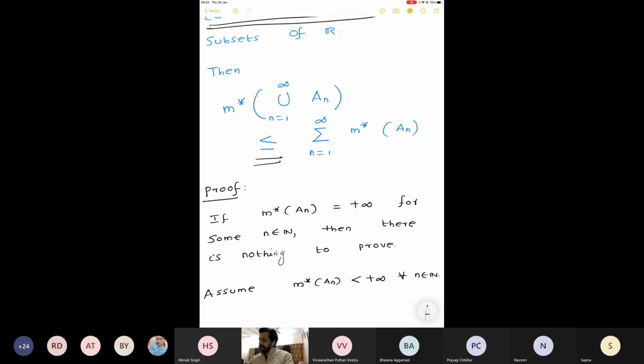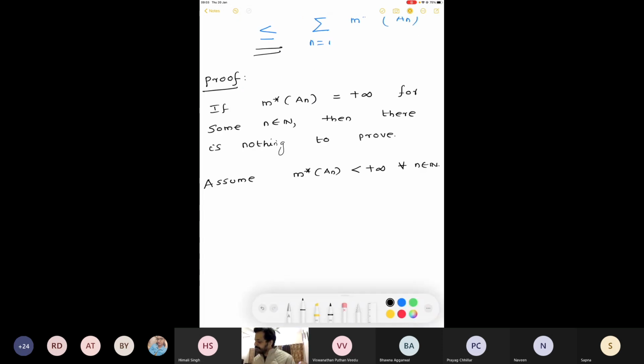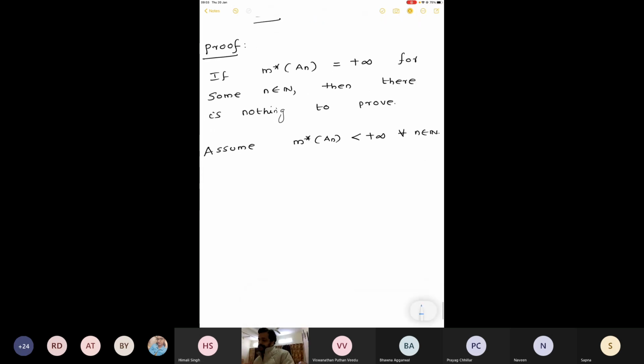Central idea is that. Is it clear? So I have to take covers for A_n and from that find a cover of the union of A_n. That should be easy because you know that a countable union of countable sets is countable. So that's what we are going to use.